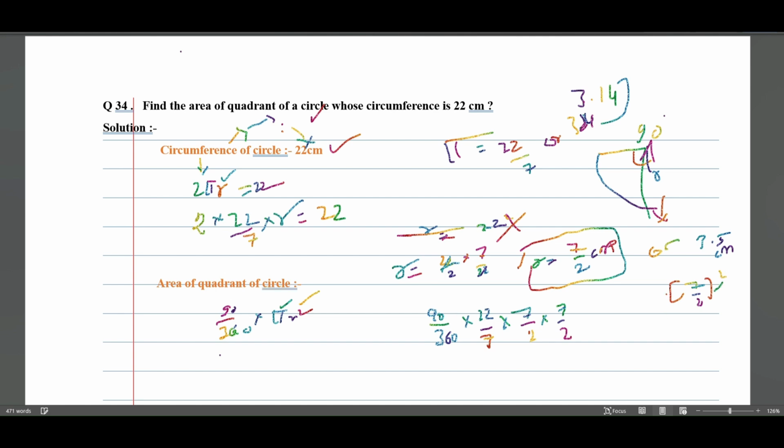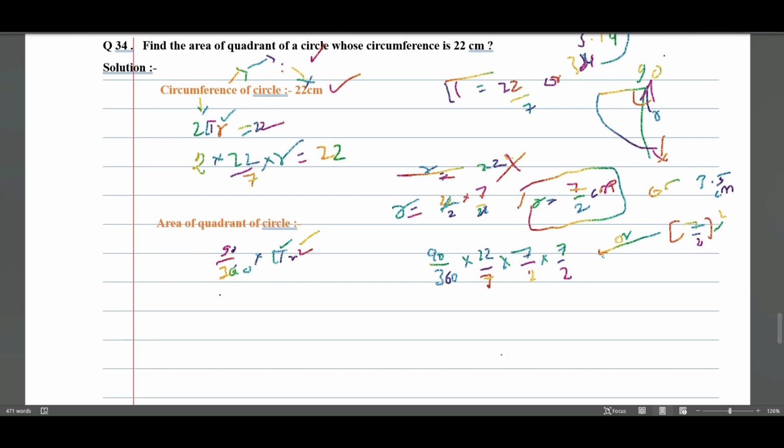Okay, from here we can easily see 1 and 4, this one and this will cancel, and one and this will also cancel.